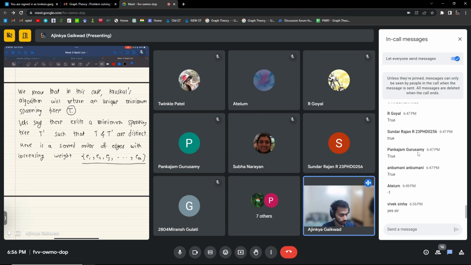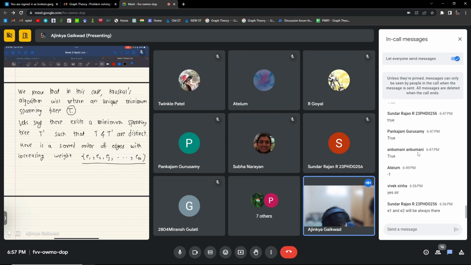Yes, because we just proved that if edge weights are distinct, E1 is the edge with minimum weight, so it should be there in T. Not only in T, it should be there in T prime as well.